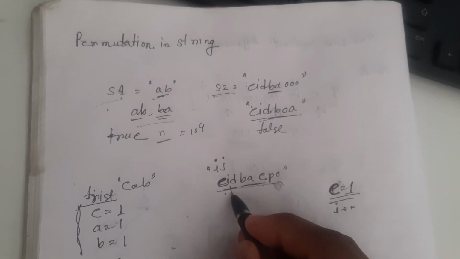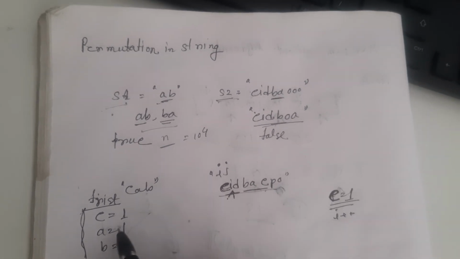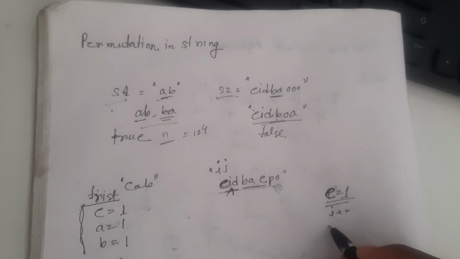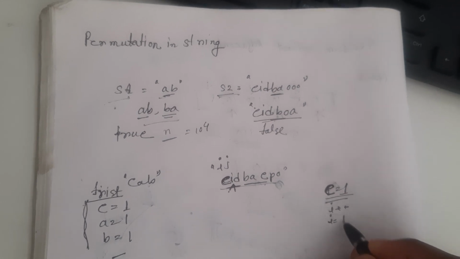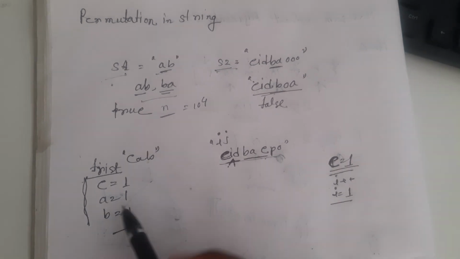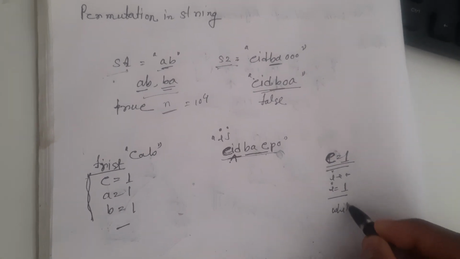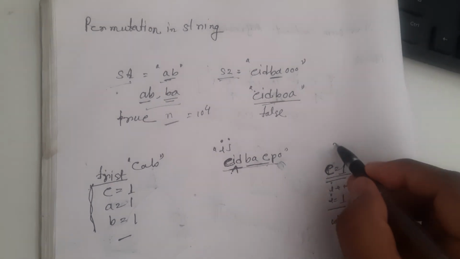Then we come to the next character, I. We add its frequency as 1, but again I is not present in the first array. Let's call this the second frequency array.